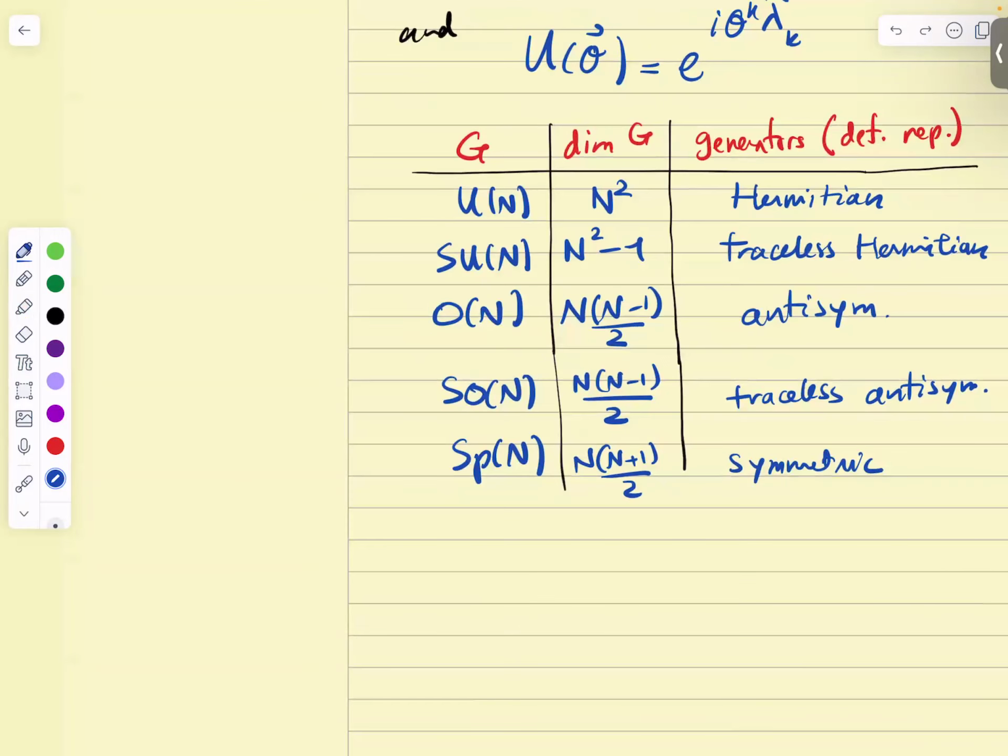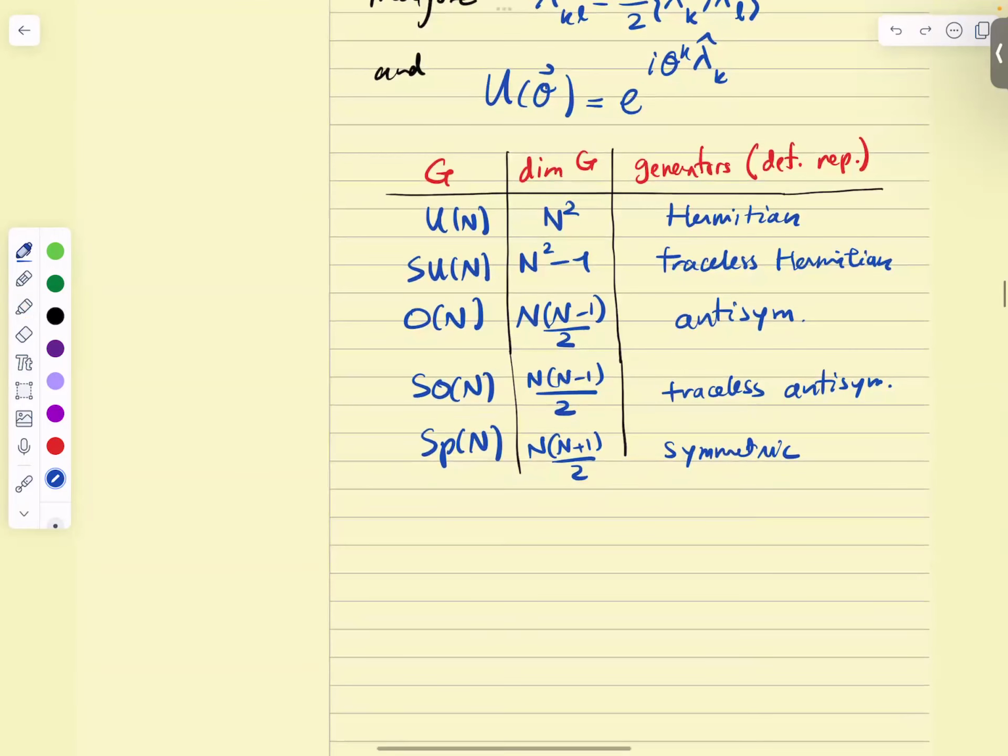And Sp(N), does anyone know what Sp(N) is? No one has heard of Sp(N)? So it's in the same spirit that we've been talking about, right? It's about what matrices, what inner product does it keep fixed.